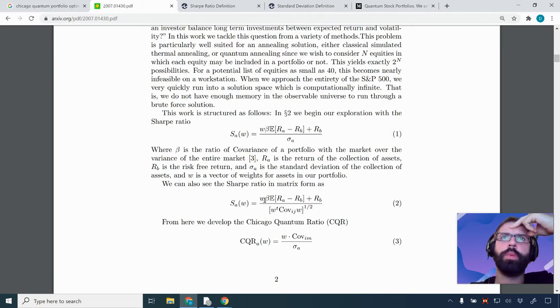We can also see the Sharpe ratio in matrix form. Why is this a matrix form?